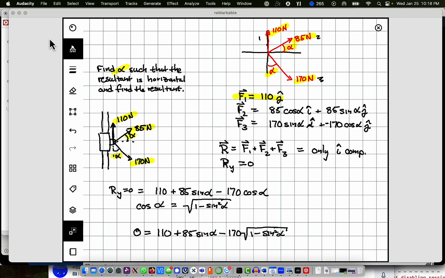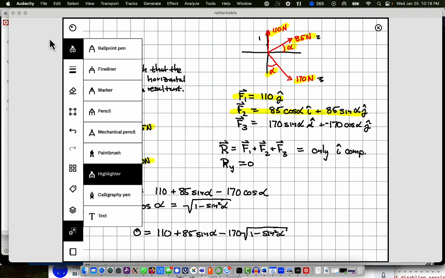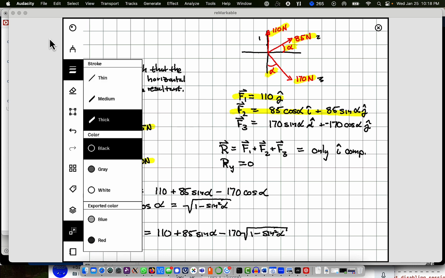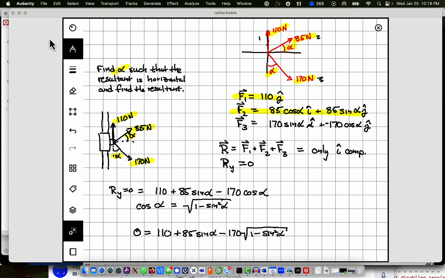And we can write those in terms of this component direction, which we've done many times, right? So if I wanted to highlight that, I could. Let me pick a different color. We'll make them blue. Okay, so there's this X component and this Y component.